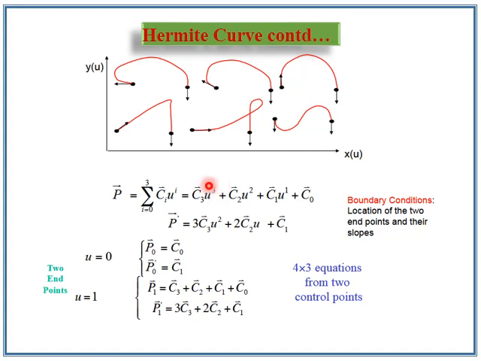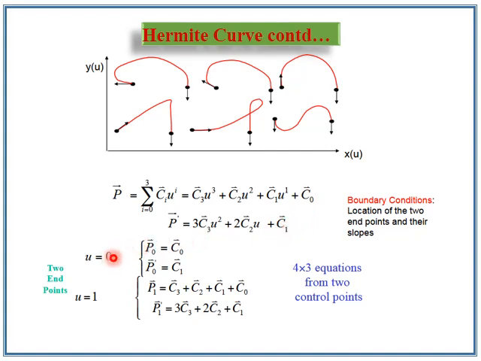So here n is 3, so 3 C3 u power 3 minus 1, that is 2. Similarly, C2 u power 2 will become 2 C2 u power 1, so we don't need to mention power 1. Then C1 u will become C1, and the constant will become 0, so it is not represented.